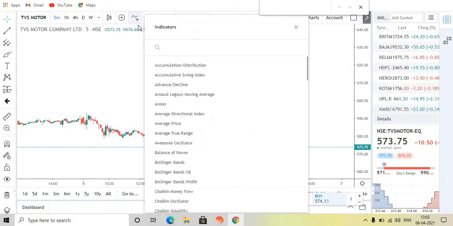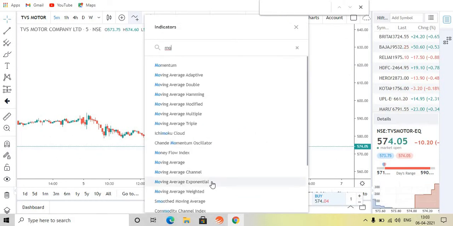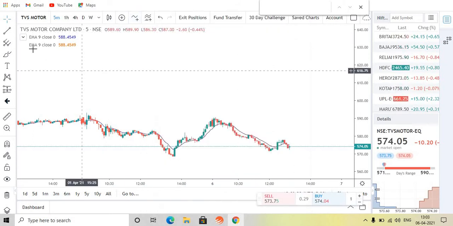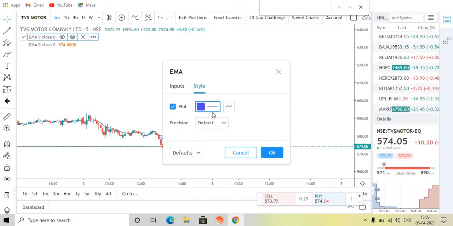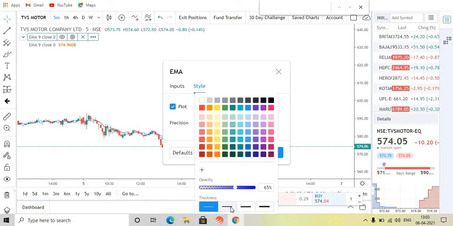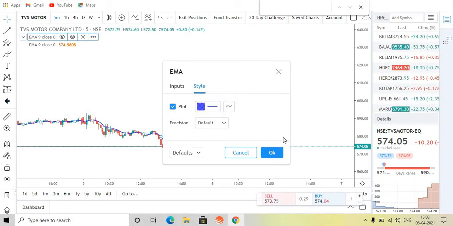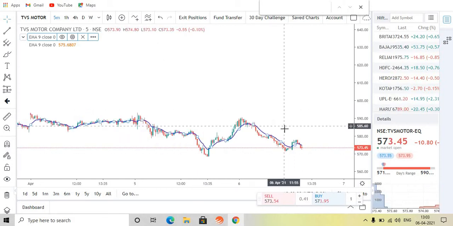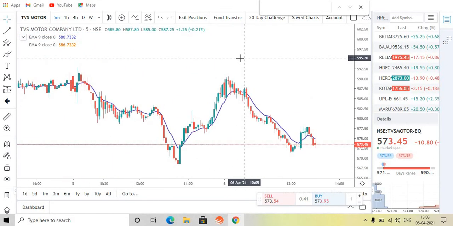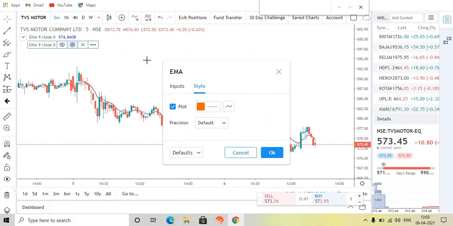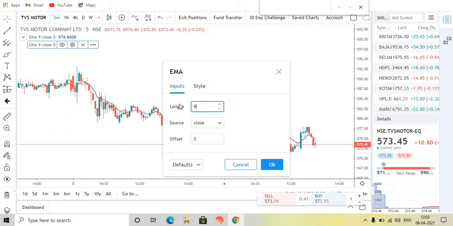I am adding one indicator, the exponential moving average, two times, so you will have two listed over here. I am changing the settings here. One is a 9 period moving average. I am changing the line to a thicker line because I don't like the thin line. Now you can see the 9 period moving average is added. Now I am going to change the setting of another moving average to 50.